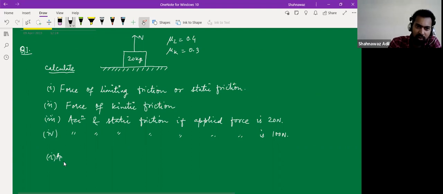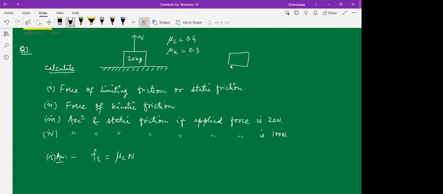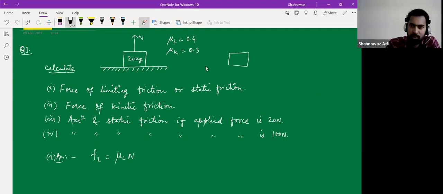So the first one will be what? Force of limiting friction will be mu L N, right? And on this block, the normal reaction is this, which is balancing the weight, right? So for equilibrium, N equals mg, right?